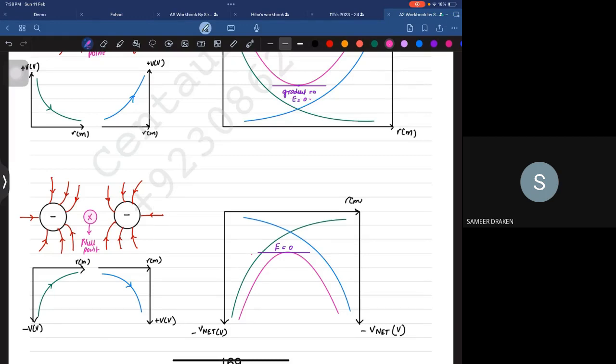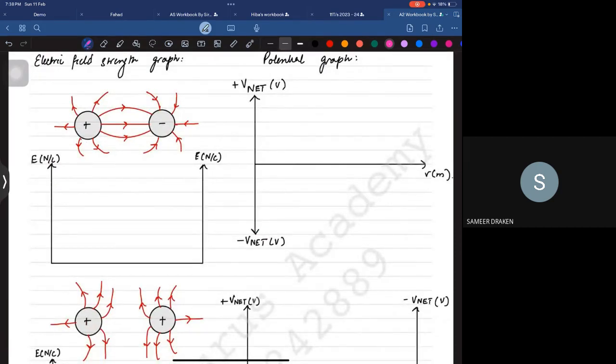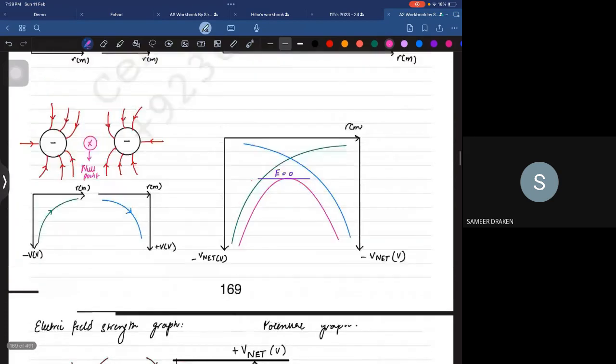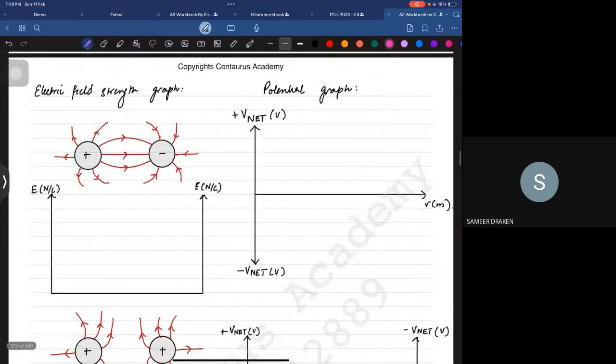Cool. Now, the next is basically electric field strength graphs. In electric field strength graphs, the important point is that you would not be able to draw any electric field strength graph if you do not understand the net potential graph. For example, in the first one, we drew a graph like this.